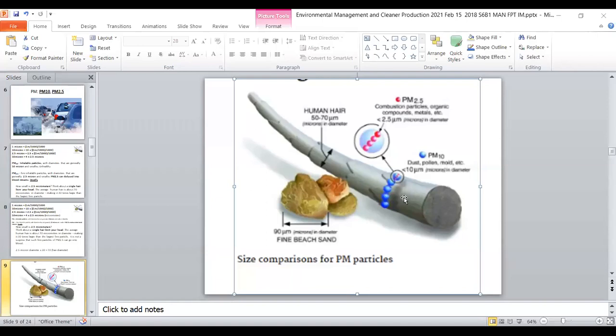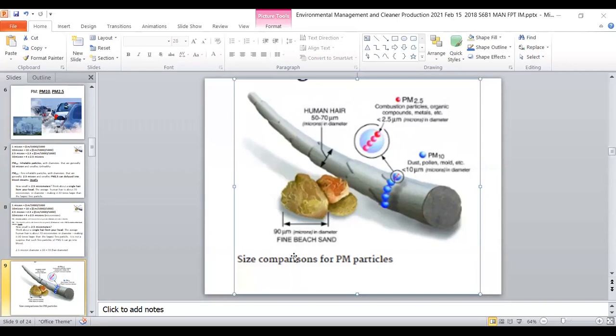So you can imagine these particles are easily inhaled, and then 2.5 goes to the bloodstream through the lungs. That's the issue. A 90 micron fine beach sand grain, you can see it here, is of course bigger.